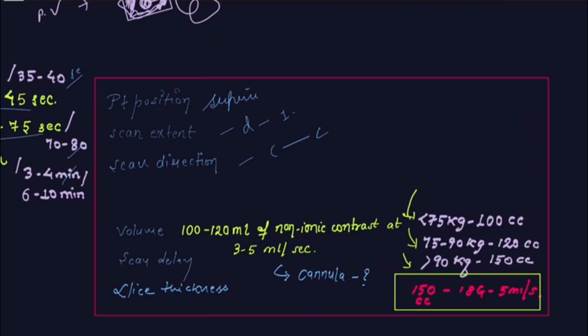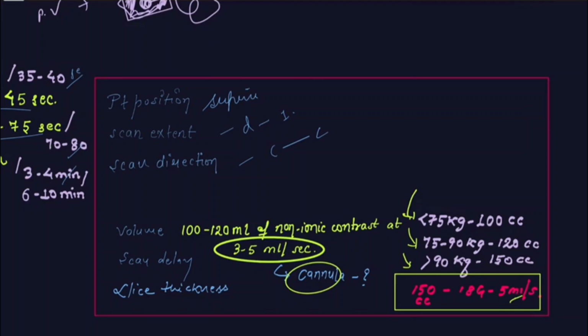Okay, this flow rate of contrast injection is according to what cannula you are using. For example, 18 gauge cannulas are usually used in the triple phase CT, and the contrast rate is 5 ml per second. But if the cannula is 20 gauge, 3 to 4 ml per second is the rate of contrast injection.